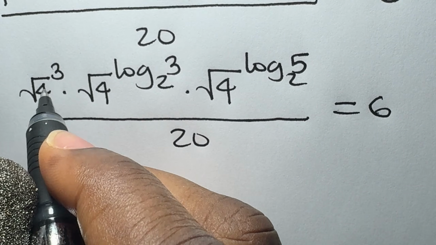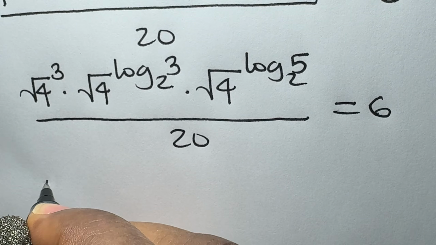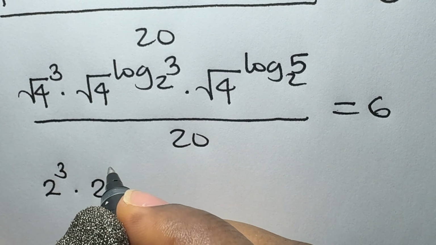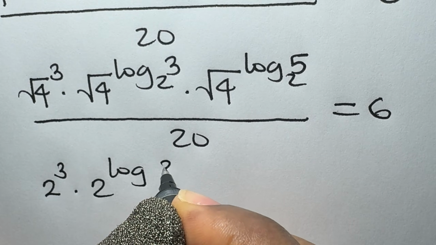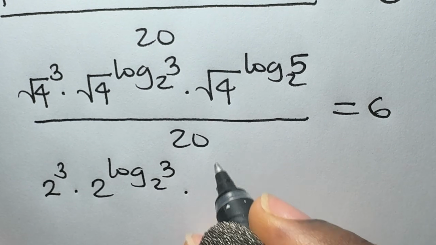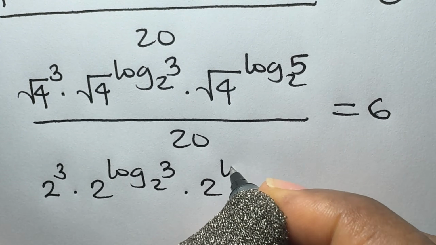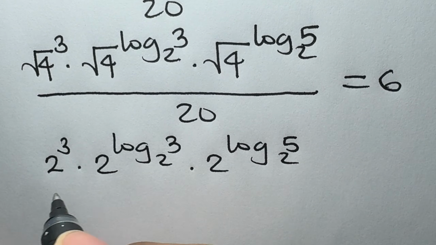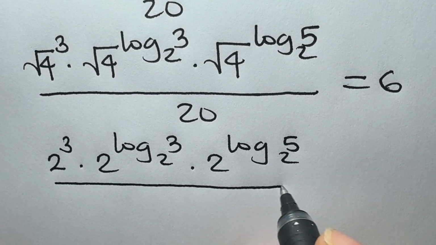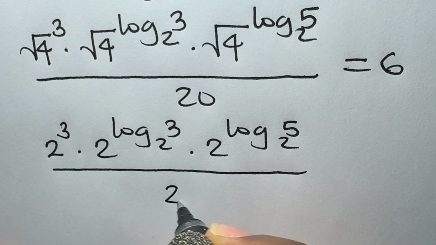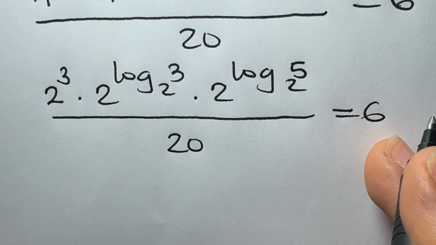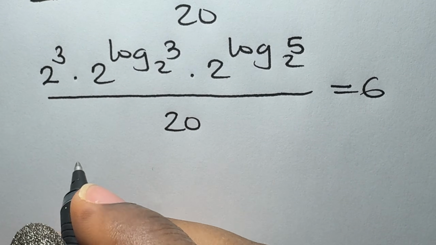Square root of 4 is 2, so we have 2 raised to power 3 times 2 raised to power log 3 base 2 times 2 raised to power log 5 base 2, all divided by 20 should give us 6. 2 raised to power 3 here is 8.